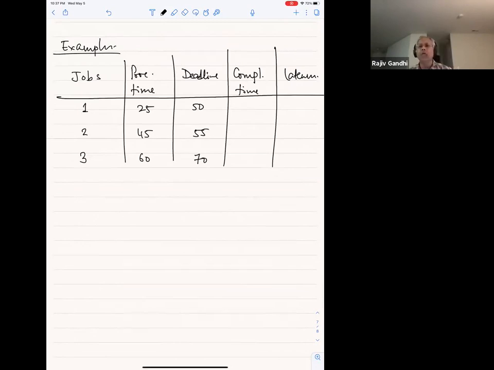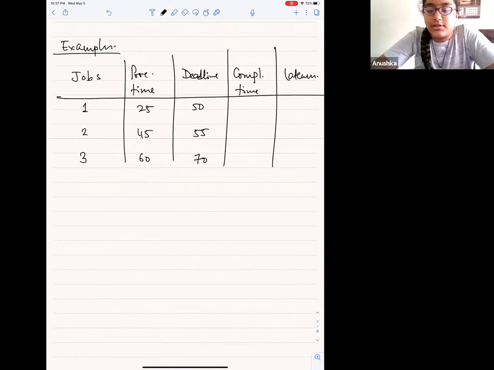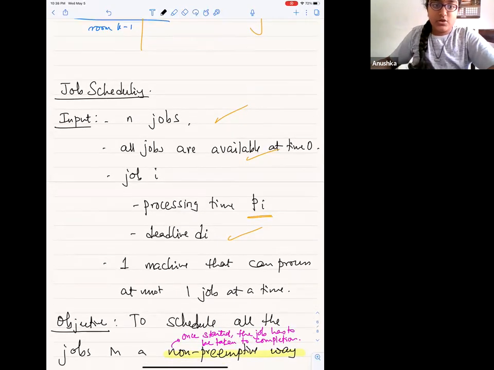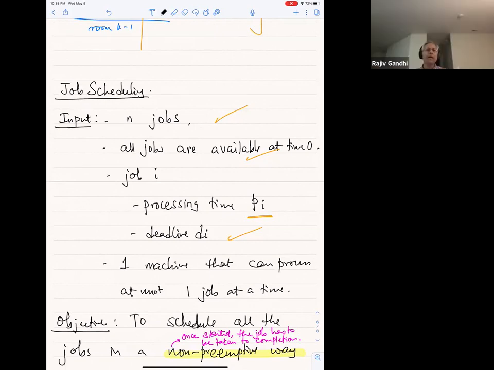Now, Anushka, question. Sir, I had some questions about the problem that was posed. What exactly do you mean by processing a job? And is the time 0, Pi and Di a successive interval? No. Pi, so let's say that you have a homework and your homework takes 10 units of time. That is Pi. Let's say the homework deadline is at time 10.